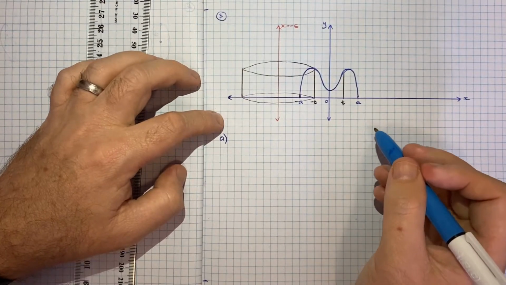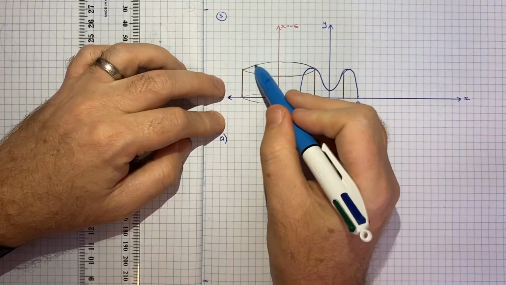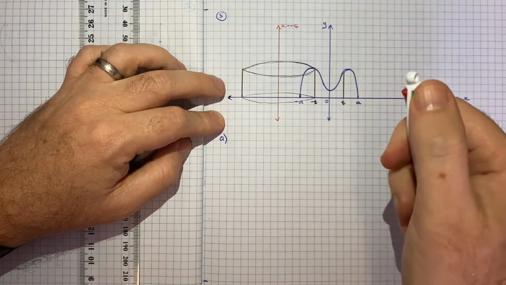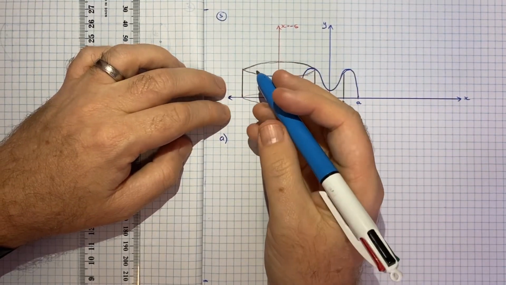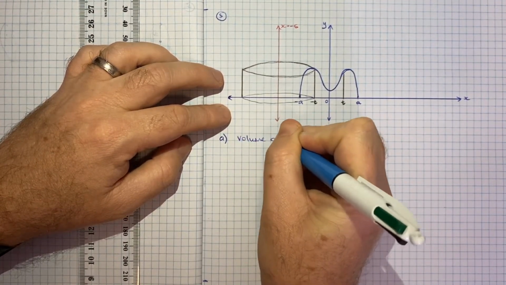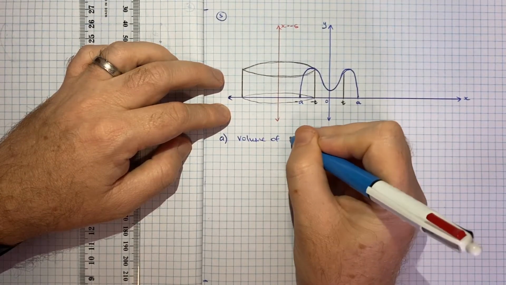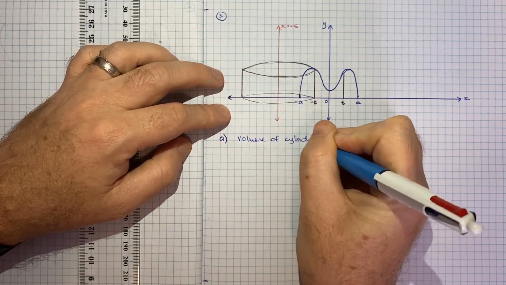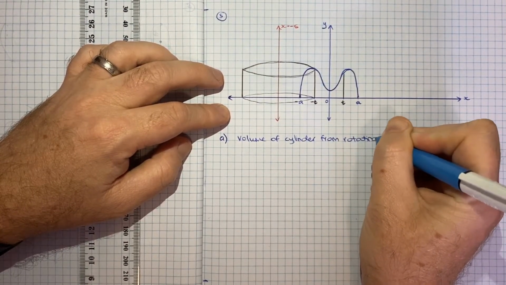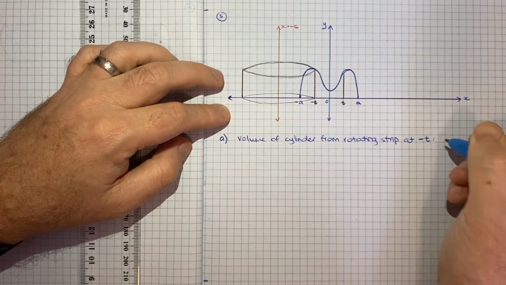So if we then unwrap that cylinder to get a rectangular prism, a thin rectangular prism, the volume of that prism, I'll just call the volume of the cylinder from rotating the strip at negative t, what will that be?